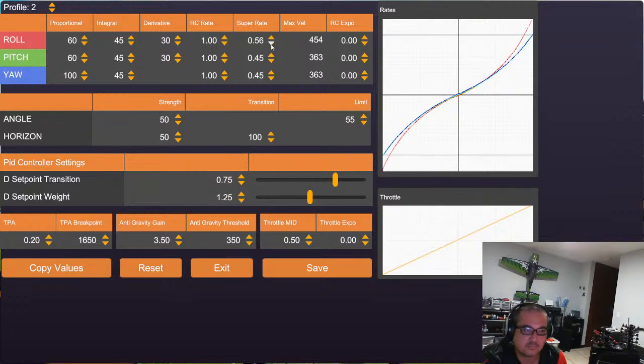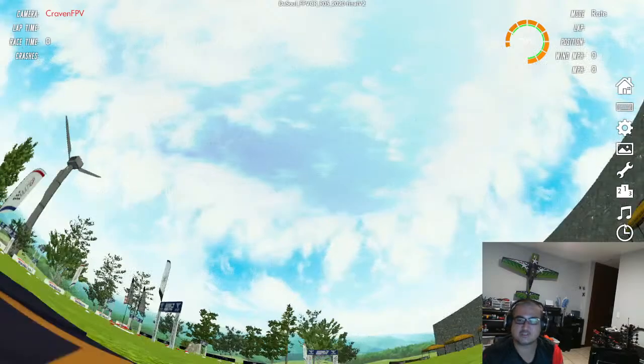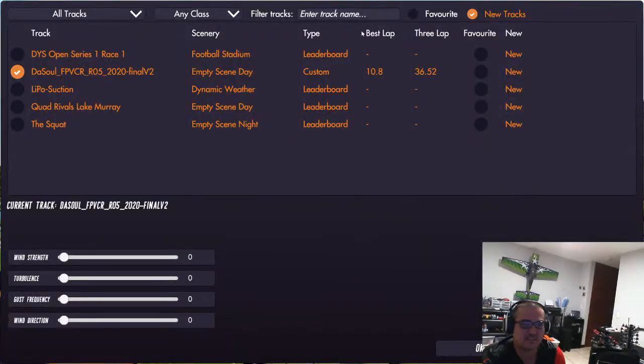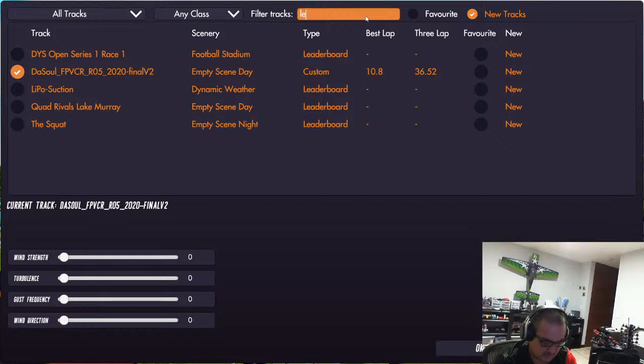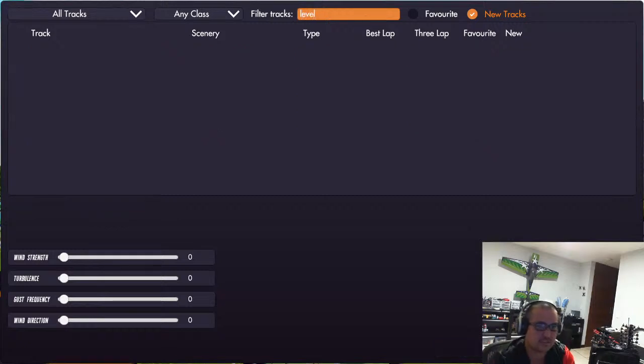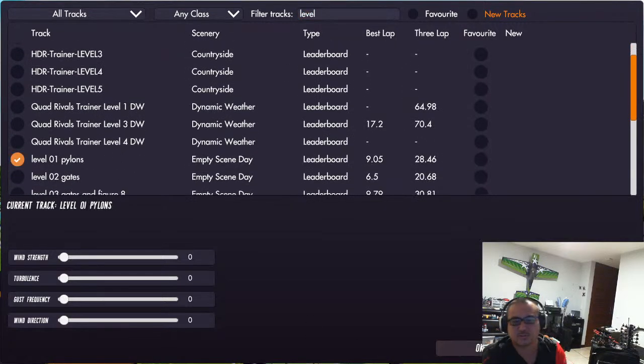So this is theoretically the same. Let's go to pylons, since you guys could see that flying a little bit better, in terms of actual progress on a track.